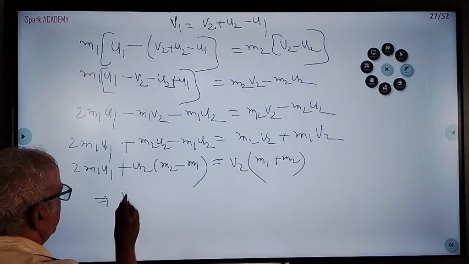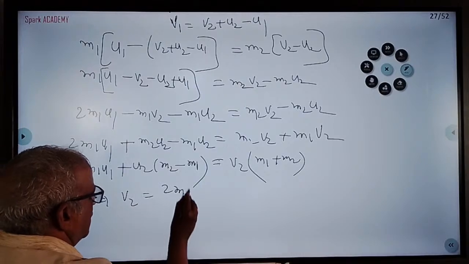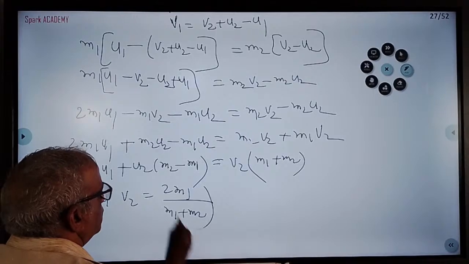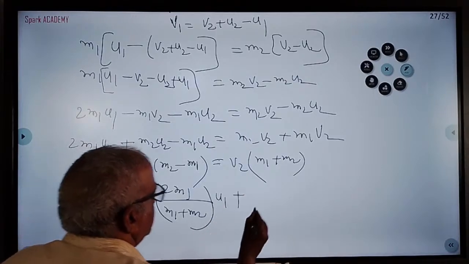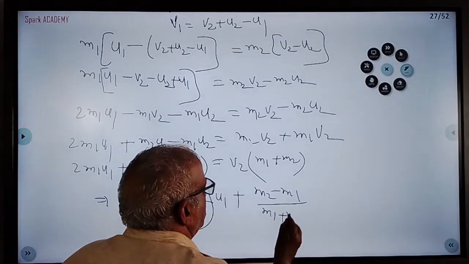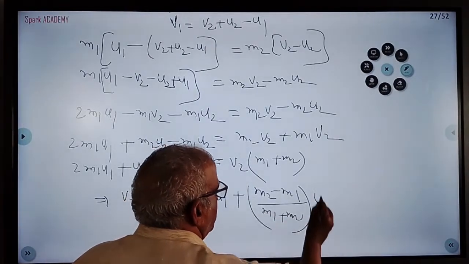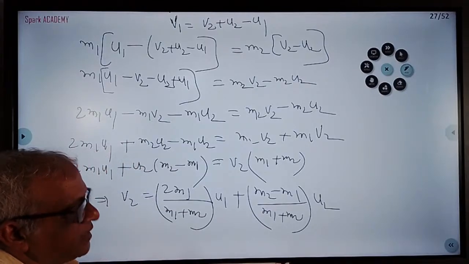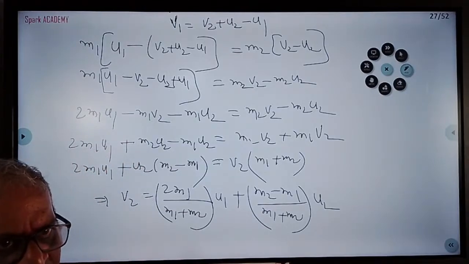So v2 is nothing but 2 m1 divided by (m1 plus m2) into u1 plus (m2 minus m1) by (m1 plus m2) into u2. These are the expressions of the final velocities v2 and v1 in the case of a one-dimensional elastic collision.